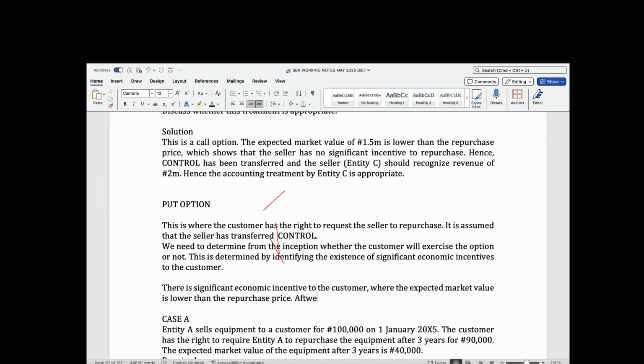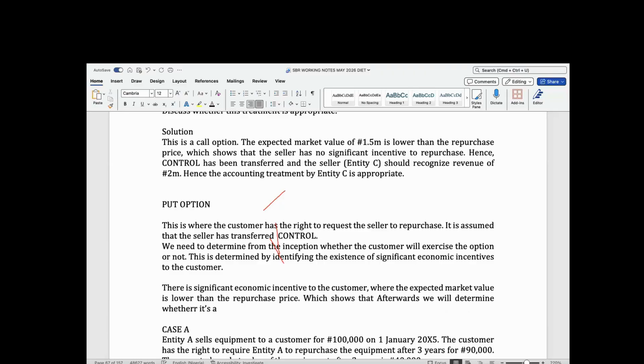Afterwards, we will determine whether, which shows that the customer will exercise the option and transfer the assets to the seller.